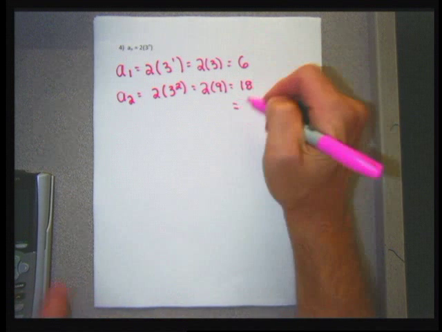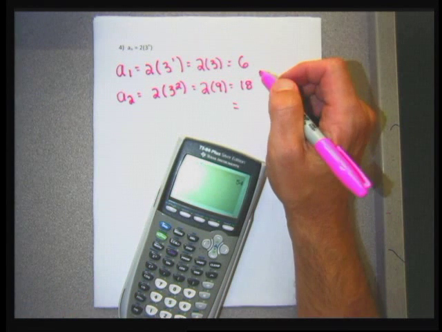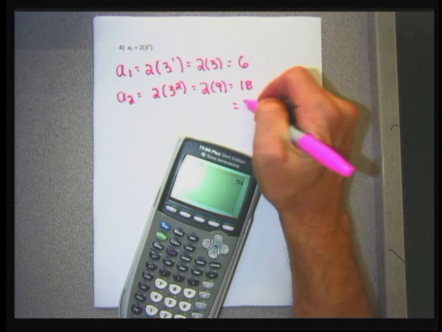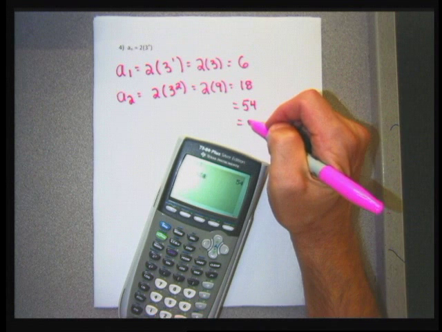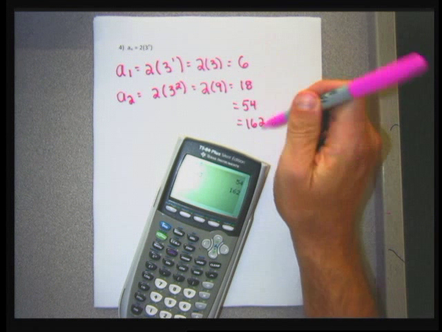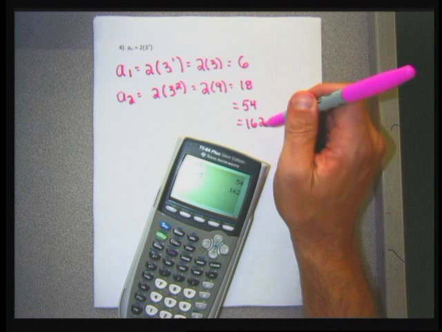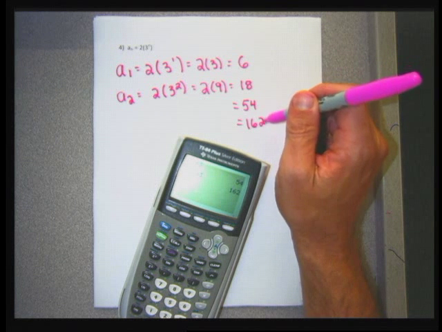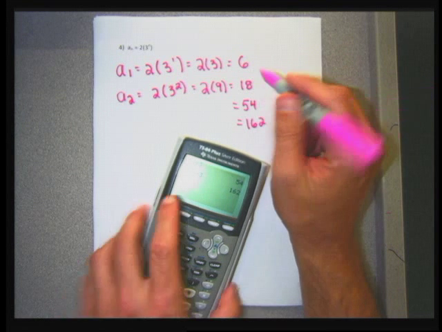If I want to predict the third term, 18 times 3 is 54. I predict the next term is going to be 54, and then after that, 54 times 3 is 162. If the common ratio is in fact 3, a sub 3 should be 54, and a sub 4 should be 162, because that's what I get when I multiply by 3 the whole way down.